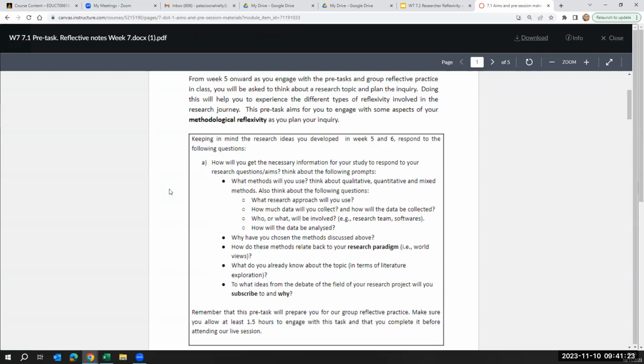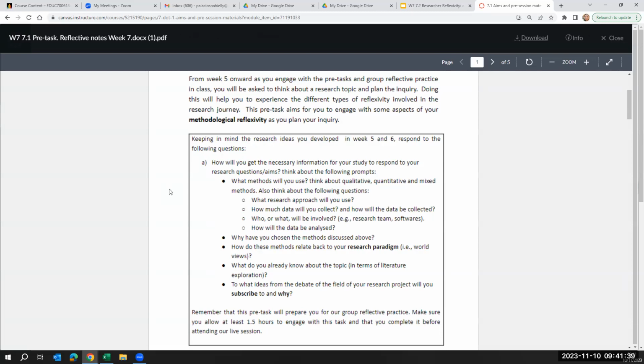Think about what model of reflection is going to help me link all these questions at the different stages of reflection, and what other questions can I add to my model.